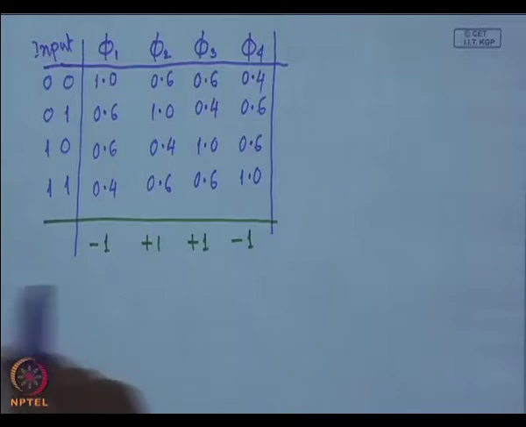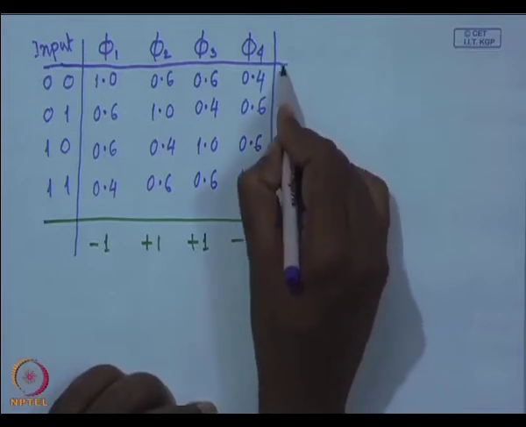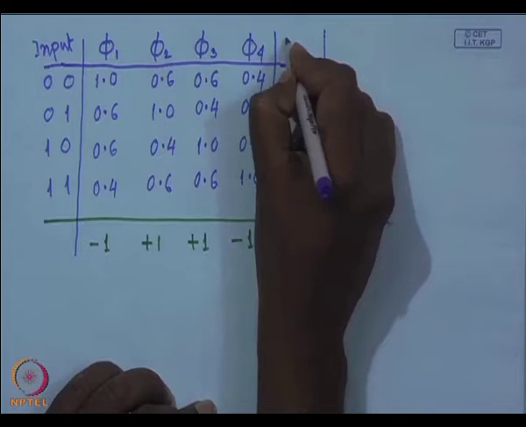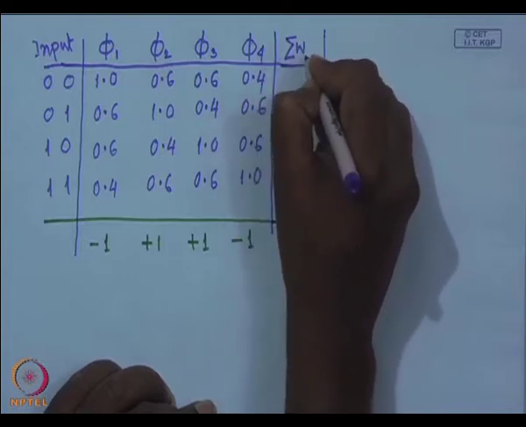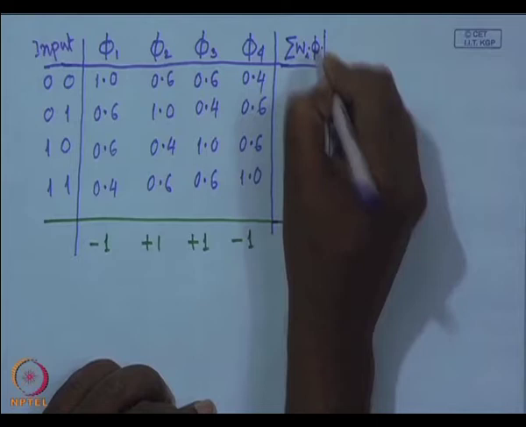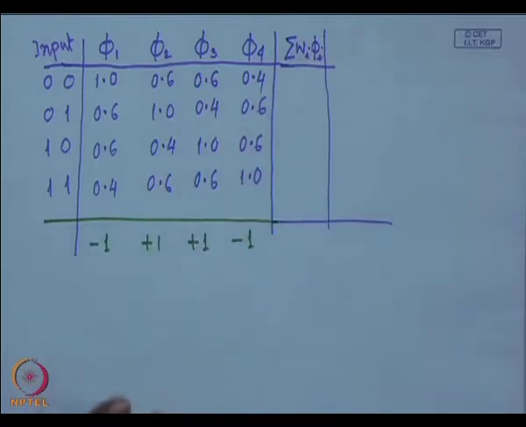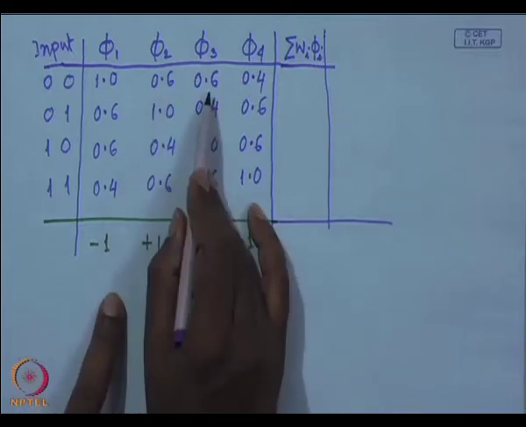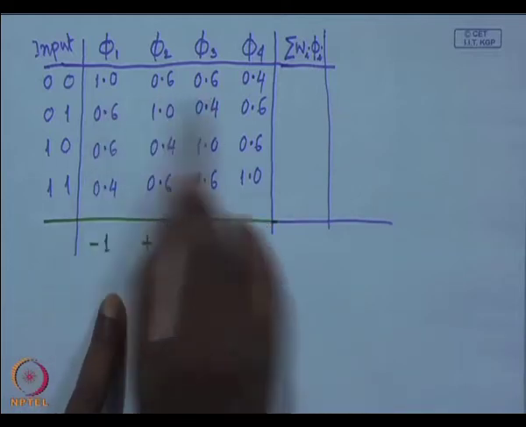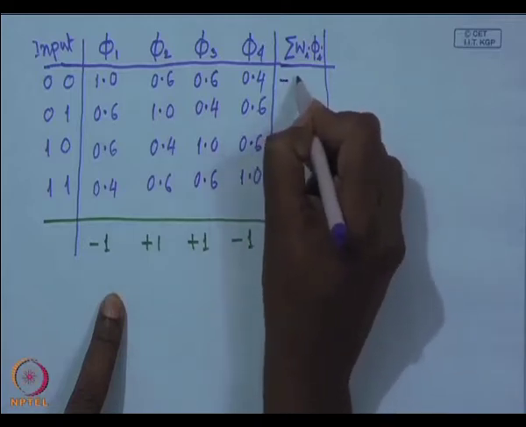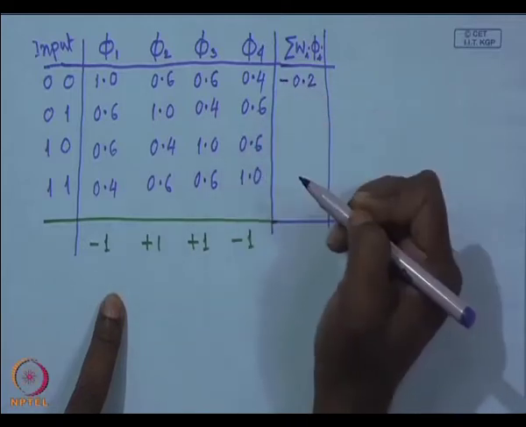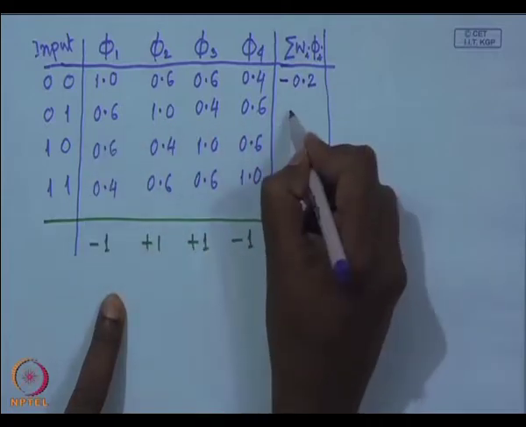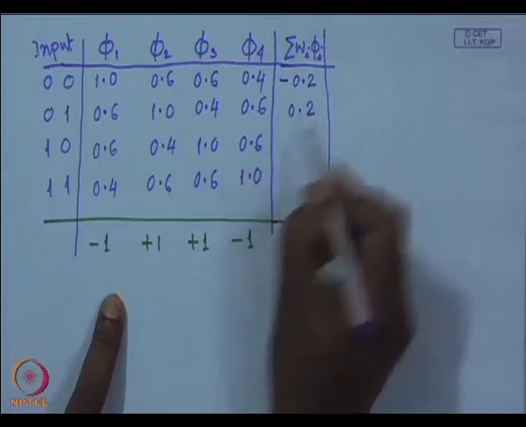So, here I will write sum of W I times phi I, where I varies from 1 to 4. So, here it will be 0.6 plus 0.6 is 1.2 minus 1.4, this will be minus 0.2. Similarly, here it will be 1.4 minus 1.2, so it will be plus 0.2.